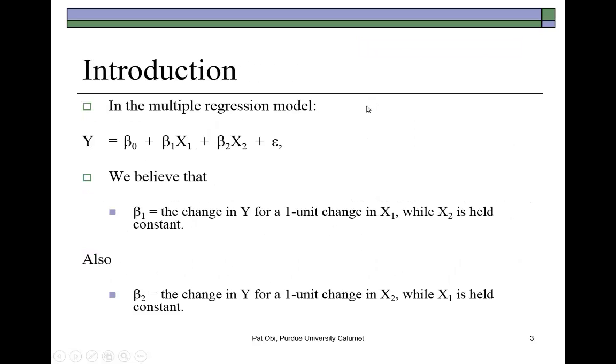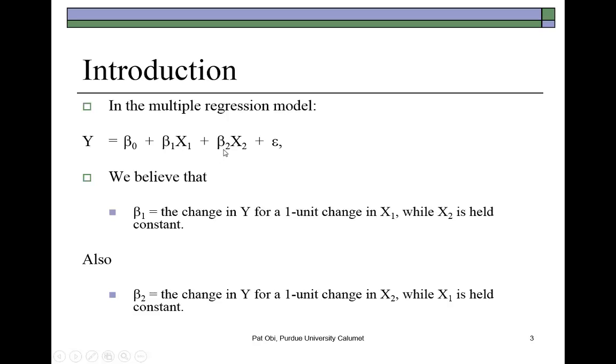So continuing with that thought, if we have a specification such as this, we believe that the coefficient of x1, b1, which is the slope of b1, to be equal to the change in y for a unit change in x1, with x2 held constant. So when we wish to observe the unique impact that x1 has on y, we want to be sure that x2 is not a disturbance in that assessment.